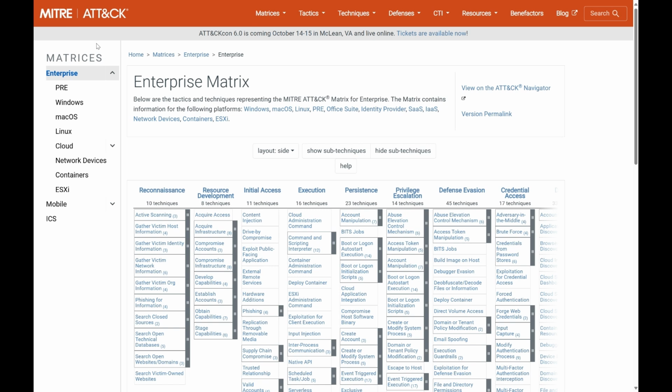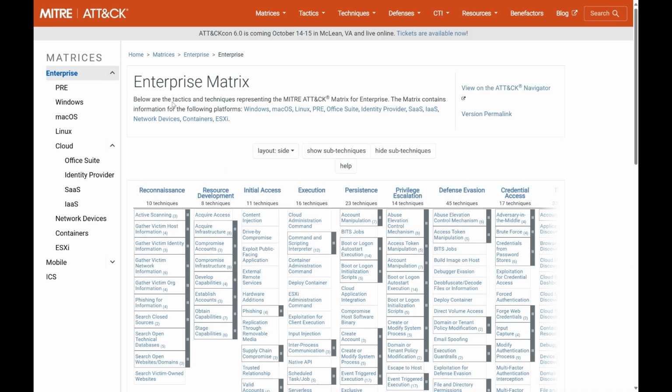The enterprise matrix has PRE, Windows, Mac, Linux, and cloud. If you expand cloud, there's Office suite, identity provider, SaaS, IaaS, network devices, and containers. So you can get all the techniques, tactics, and procedures for these technologies.